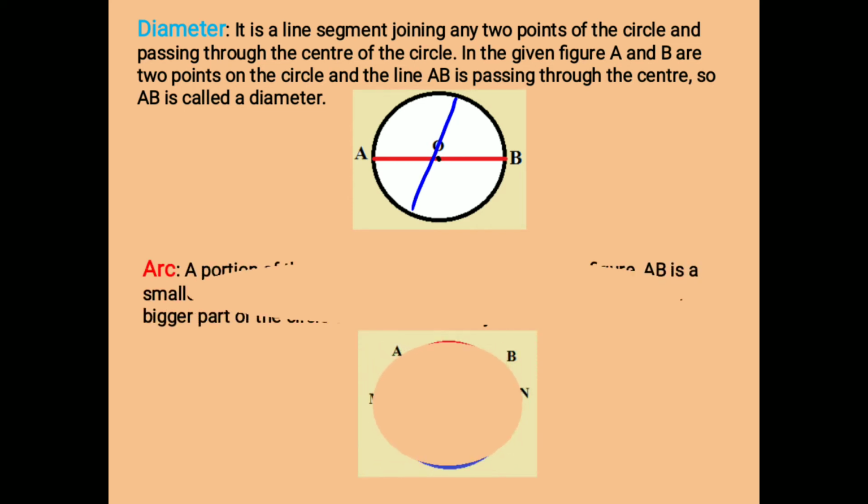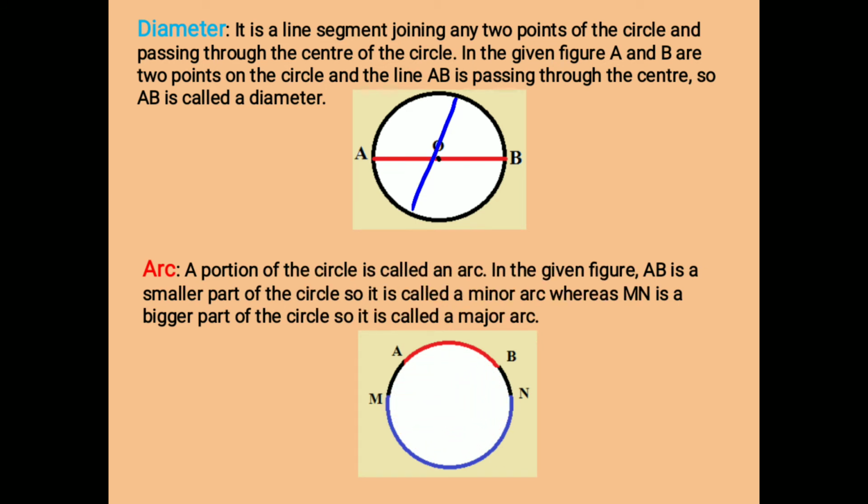Let's deal with arc. In a simple sense, an arc is a piece of a circle, a portion of a circle. The smaller piece of a circle is called minor arc and the bigger piece is called a major arc. In the given figure, you can clearly see the red colored arc is denoted by AB.